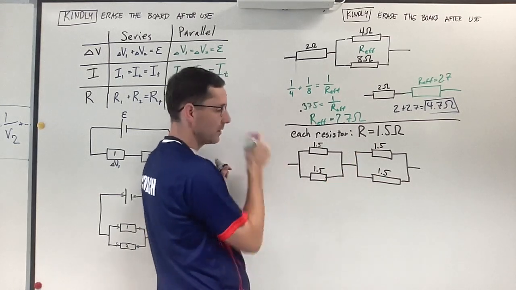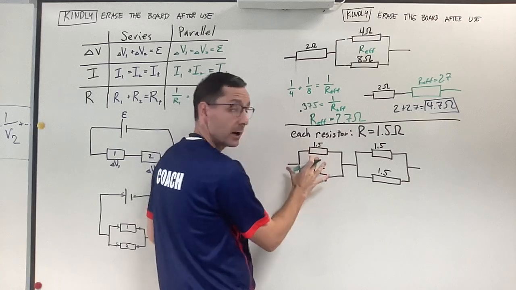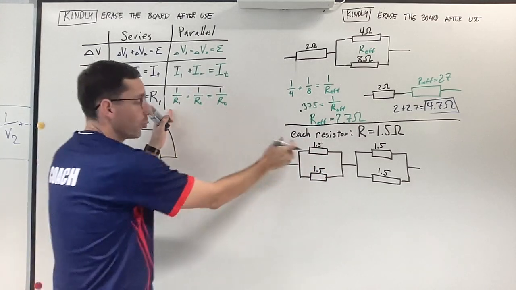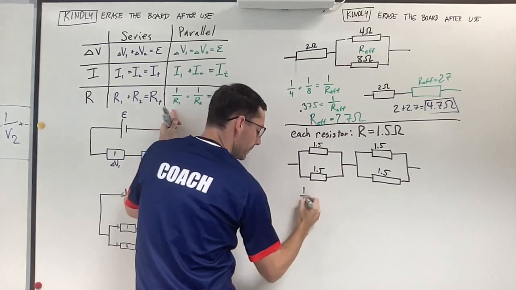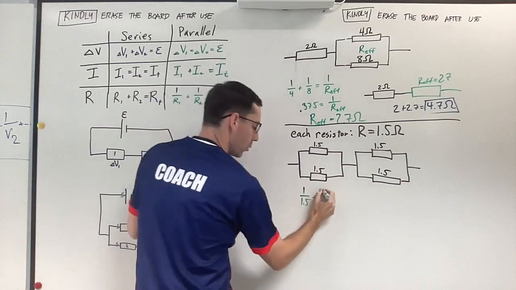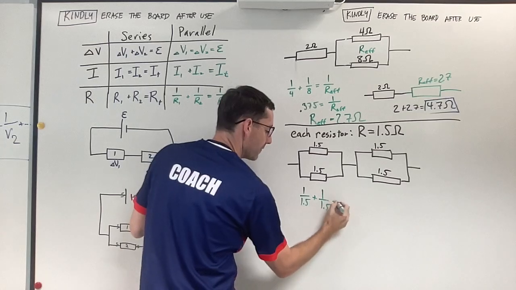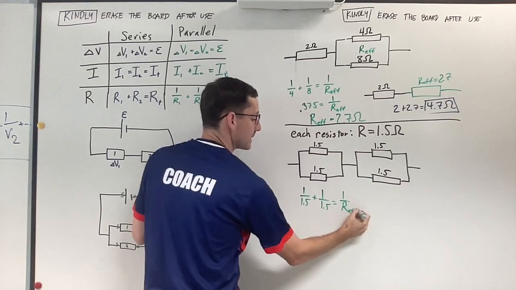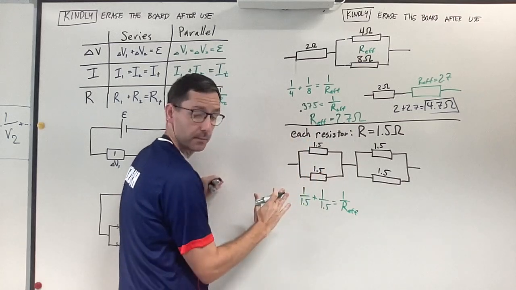Now, to be able to do that then, we're going to use this. So we'll do 1 over 1.5 plus the second one, 1 over 1.5, and that will be equal to 1 over the effective resistance of this piece right here, right?